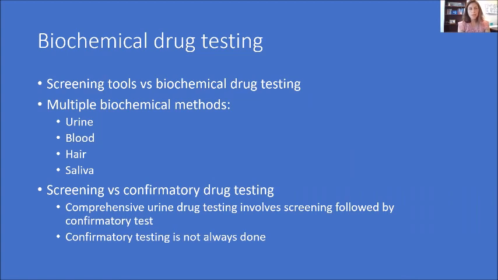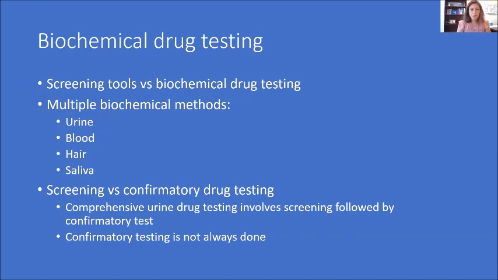Now, when we talk about drug testing in general, there's screening tests and then there's confirmatory tests. A lot of people, and even clinicians, may or may not realize the distinction between the two. Screening tests generally test for a small panel of substances.